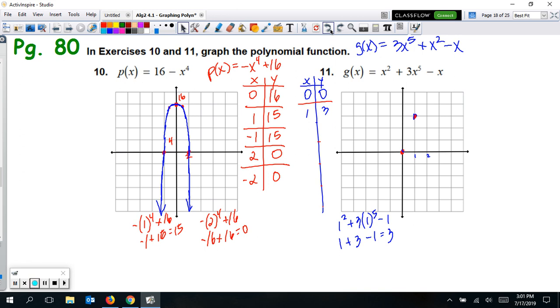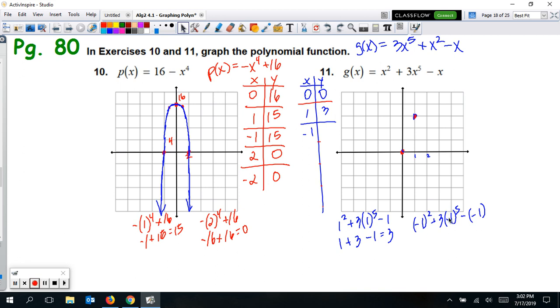The next number you might want to know is negative 1. It's always good sometimes just to go back and forth here and do positive 1, negative 1, and so on. So if I try negative 1 and put that in there, it's going to be negative 1 squared, and then positive 3 times negative 1 to the 5th power, then negative 1 times negative 1. So right here, negative 1 squared is going to be 1.